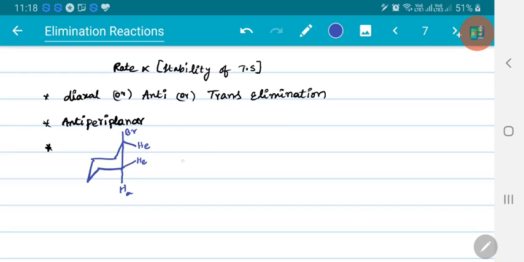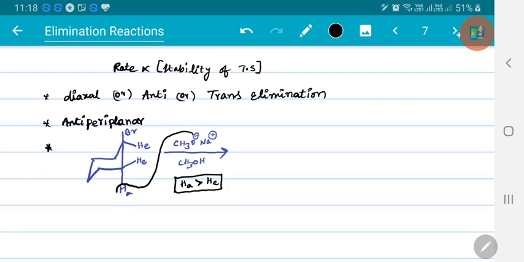Now, when we use bases like CH3O Na, CH3O minus Na plus in the presence of methanol, as we are using a strong base, remember axial hydrogens are more reactive than equatorial hydrogens, because the base will approach and remove this axial hydrogen.